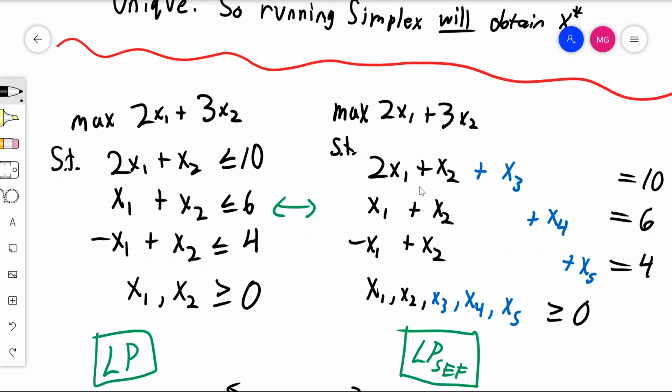And of course that works, by the way, because originally this was less than or equal to 10. So when you have to add on something non-negative to equal 10, that would just make sense anyways. So this is all consistent, and this is the standard equality form of the original linear program.